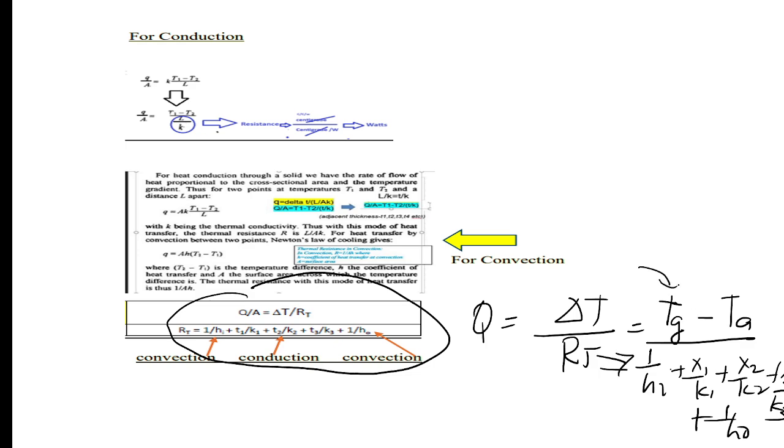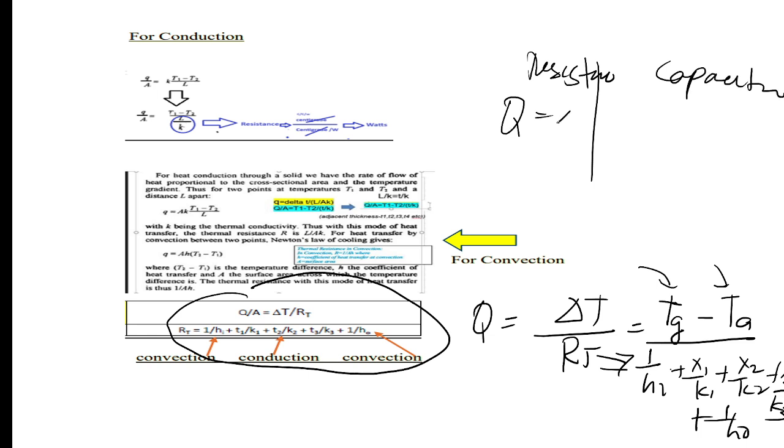Delta T is the temperature of the gas minus the temperature of the air. So if you equate that, it's going to be Q at the thermal resistance, and then here is the thermal capacitance.